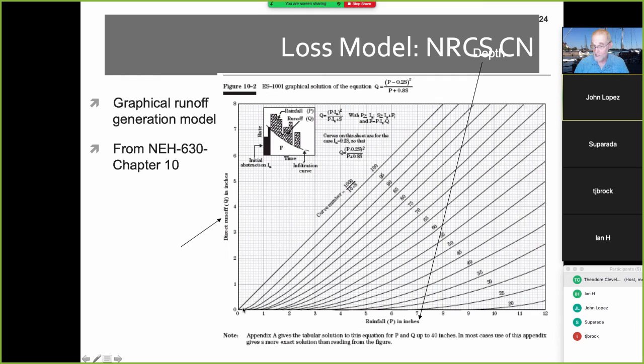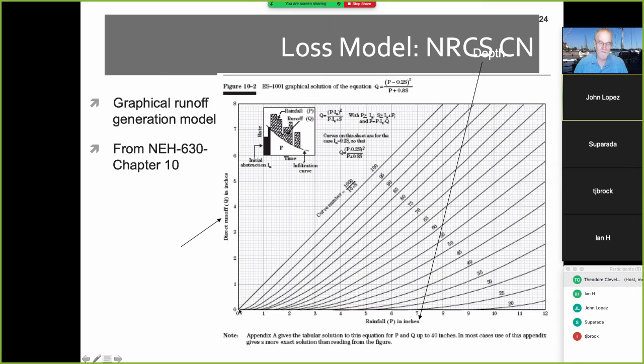What's interesting on this curve, and it's not in any of the SCS documents per se, is that if you were to incorporate the third variable of time, what these lines represent are trajectories. Let's pick a curve number. I'm going to use 75 as an example.